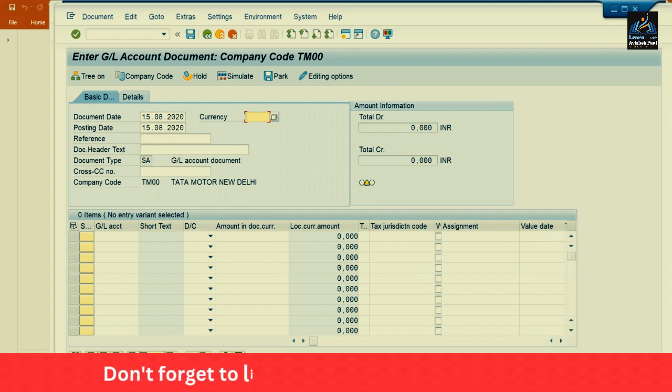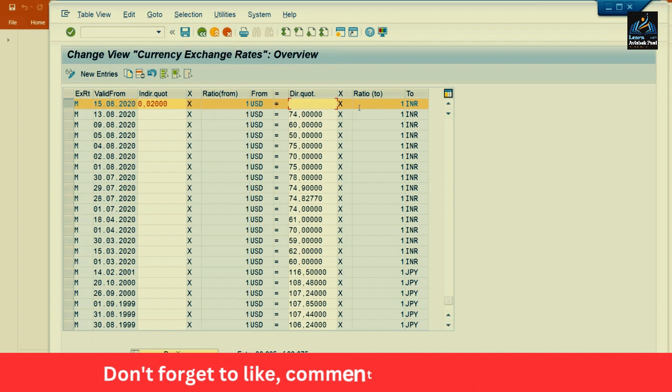It means 1 unit of your local currency shows the total value of foreign currency. Under indirect quotations, 1 unit of your local currency shows the total units of foreign currency. And under direct quotations, 1 unit of foreign currency shows the total units of your local currency. This is what the difference is. It's pretty simple.